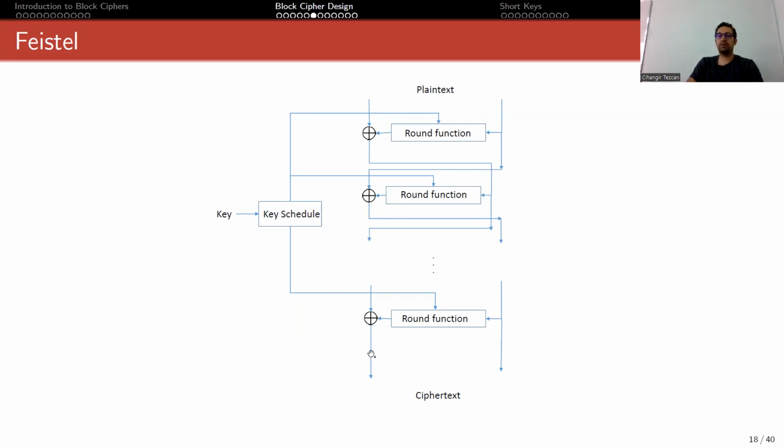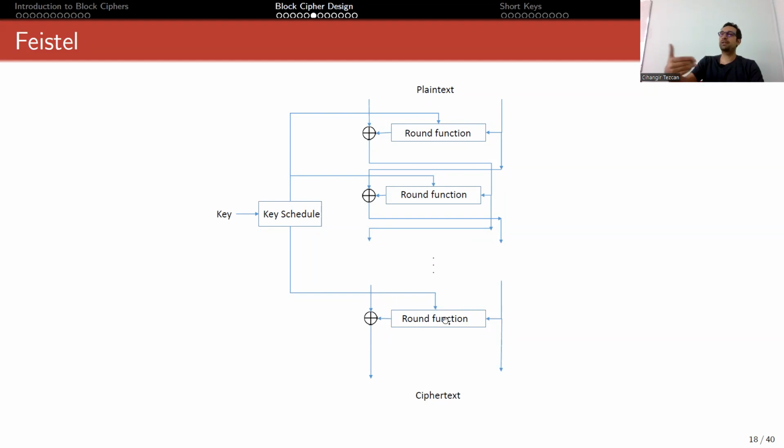This might look counterintuitive, but look at the ciphertext and see how the person decrypts it. You don't need to come here and go in this direction. So the arrows don't need to point the other way around. Actually, what you do is, you have the left part and the right part of the ciphertext, right? You take the right part, you also feed it in the round function, obtain this one, perform the XOR operation and obtain this part.